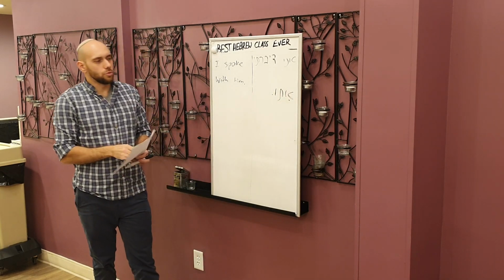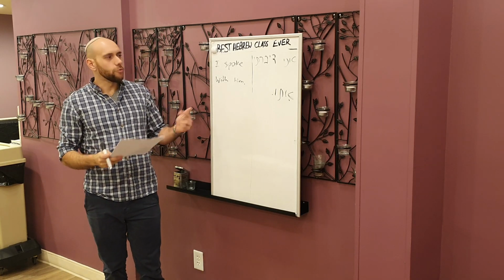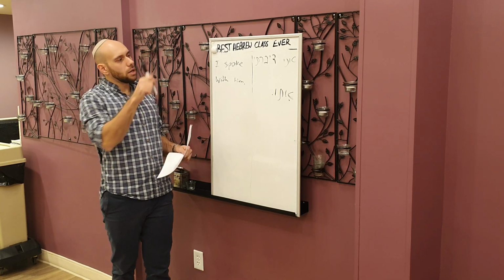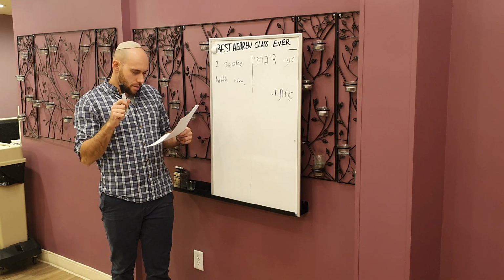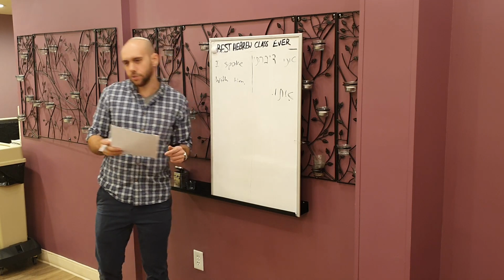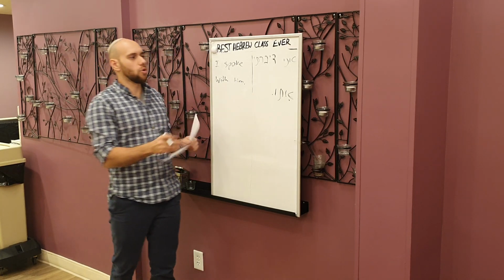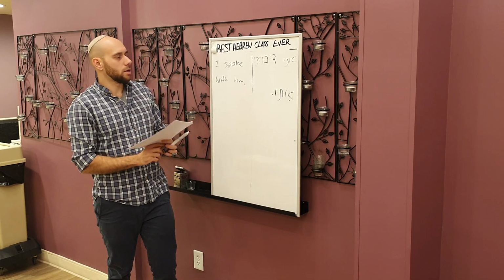Now, how do you want to practice this one, and we'll switch it up a little bit? What if we wanted to say, he spoke with them, with us. Let's do that one. He spoke with us. So let's go word by word.